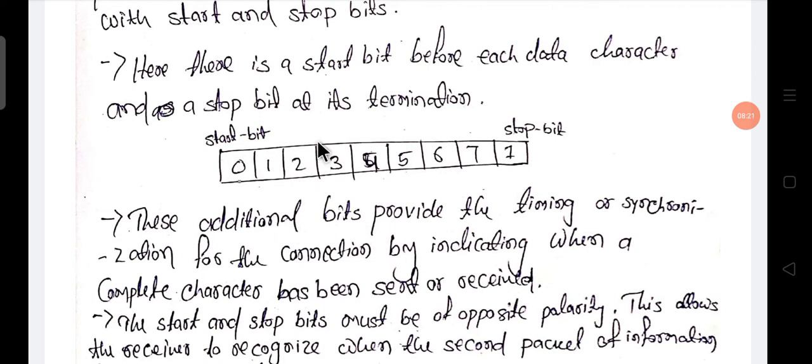The advantage of sending the start bit and stop bit is that it tells the receiver when the group of data starts and when it ends, so the receiver gets a clear idea about when the sending of data is completed.